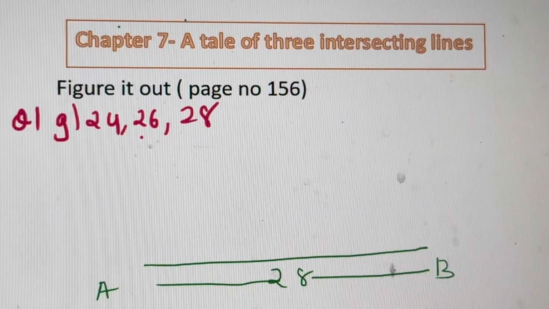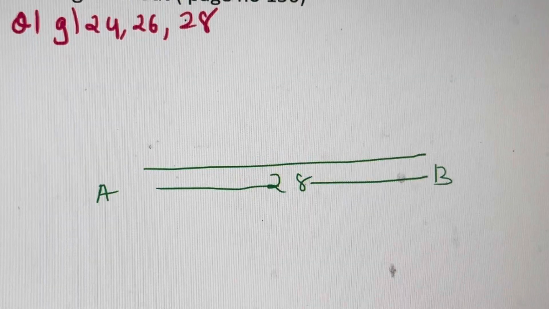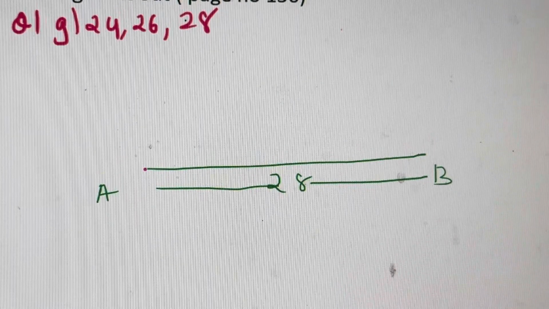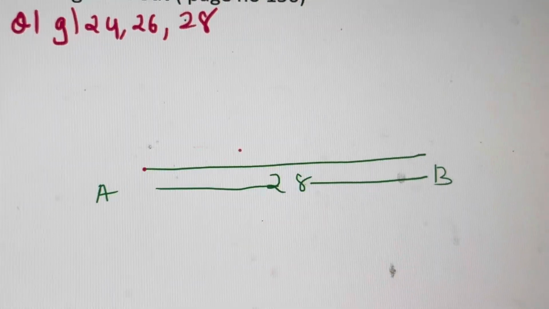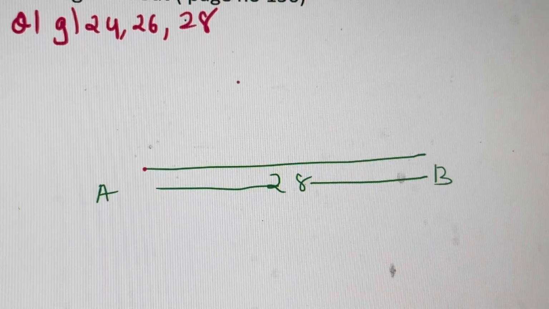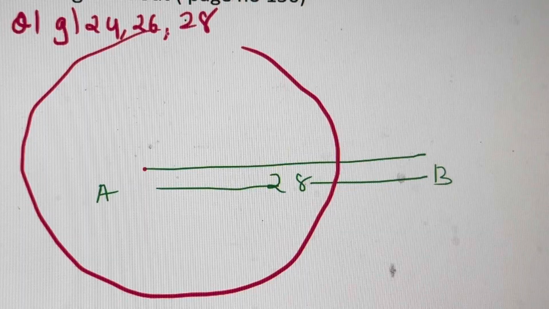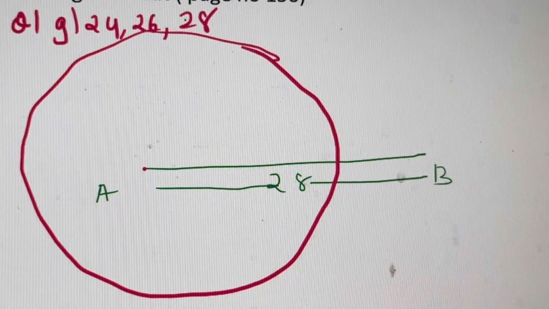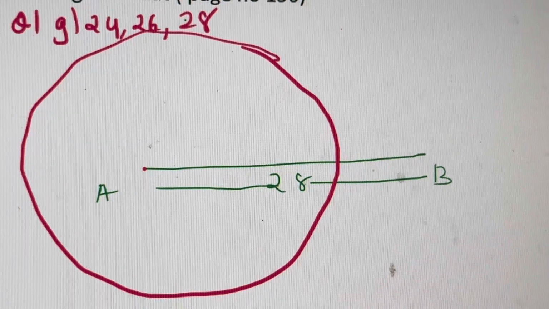Now one of the sides is 24. We take the center as A and radius as 24 and we form a circle. This is rough work, so don't go by the conclusion, because looking at it here, there should be only 4 centimeter.